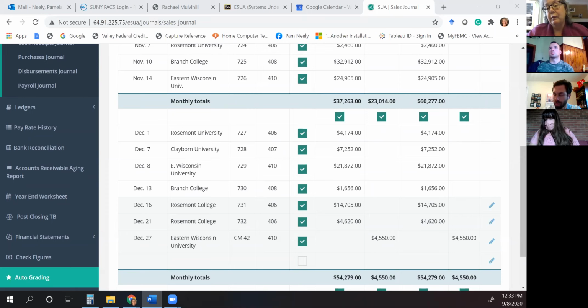One thing I want to mention, I don't know if it matters, but the names of certain things, like if you put EWU instead of East Wisconsin University, does that penalize you? Like the way you type things out? That's one of the reasons why I'm giving the feedback. The first time I did this, I typed freight as fright, and it marked that wrong.